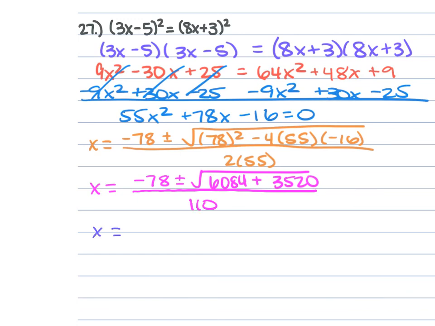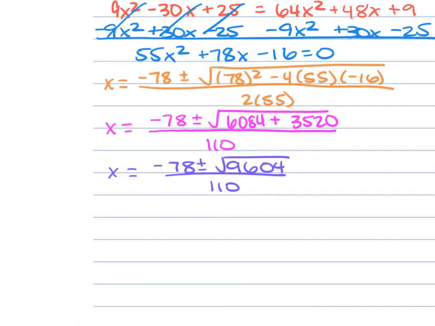From here, the 6084 plus the 3520 gives us 9604, so negative 78 plus or minus the square root of 9604 all over 110. Now that 9604, the square root of it is 98.